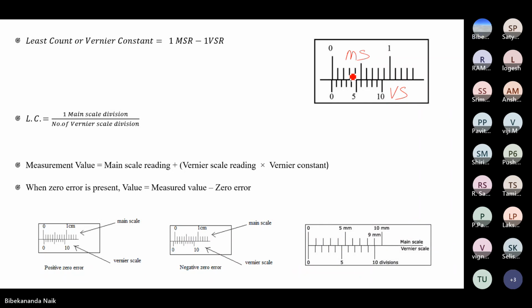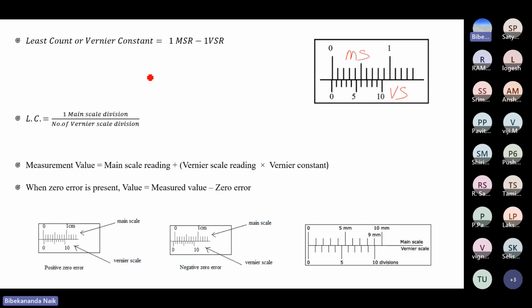So these two scales are being used to measure the smallest value that we can measure with the slide caliper. The least count is calculated by this format: 1 main scale reading minus 1 vernier scale reading. Main scale reading means the minimum distance that a main scale can measure, and the vernier scale reading is the minimum distance that a vernier scale can measure.